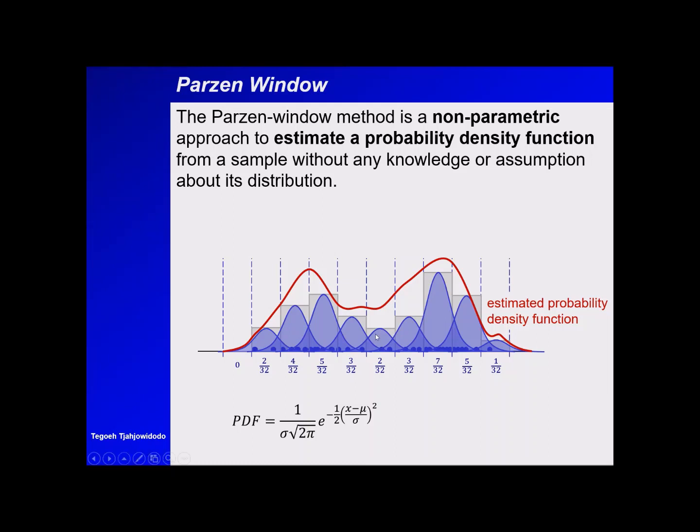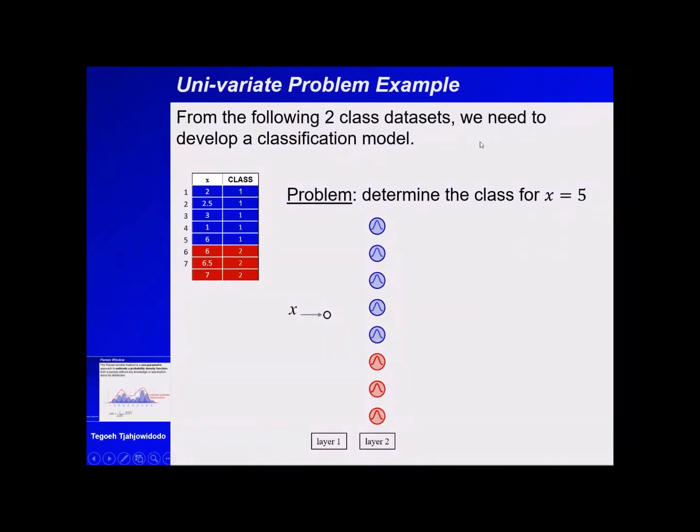Okay, so if I go back, each of these will have its own individual PDF, again with the mean of each individually and sigma, whatever you want, you choose it by yourself. Again, there are some constraints, of course, that we have already discussed before. If your sigma is too small, it will become too spiky. If it is too large, then your estimation of the PDF of your population will resemble a normal distribution.